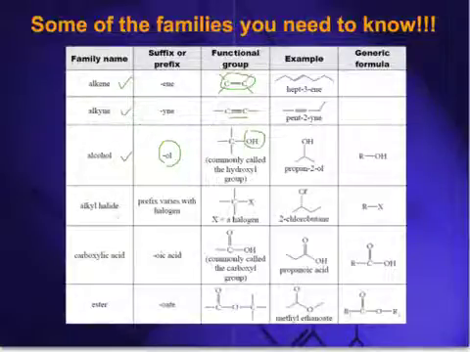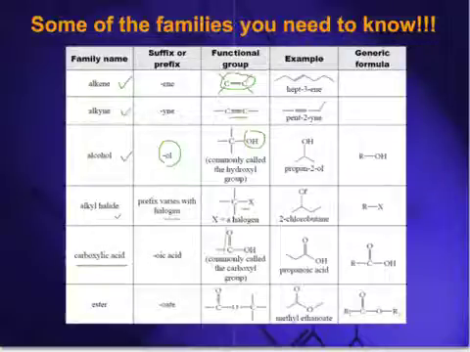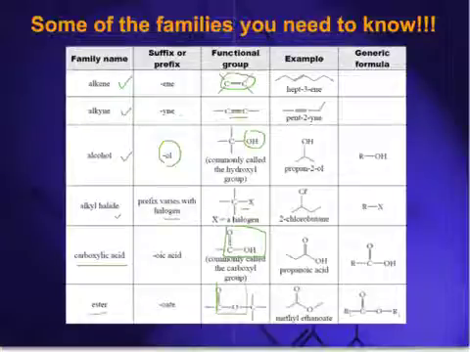An alkyl halide has a halogen attached to the carbon atom. Our carboxylic acid has a carboxyl group attached to it. So again, it's a C double bond OH. And lastly, an ester has an alkylated ester group, which is a C double bond O, single bond O, and another carbon branch.